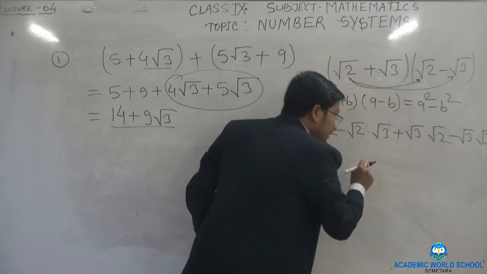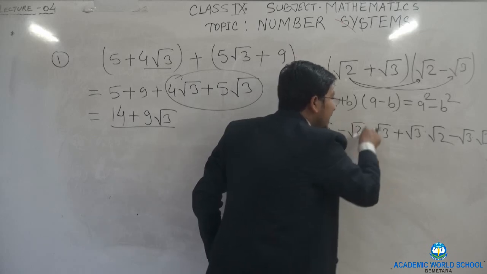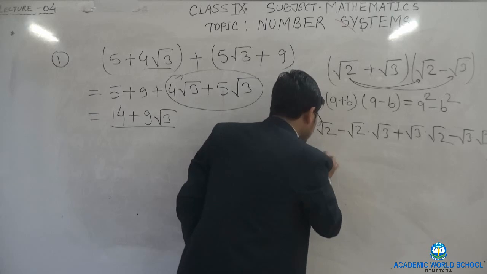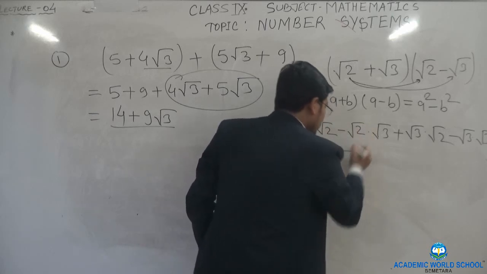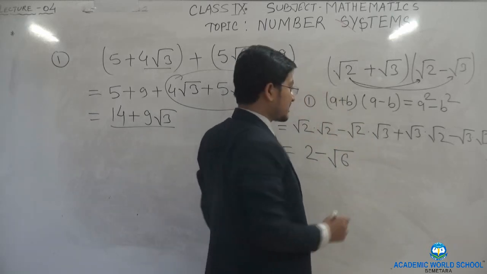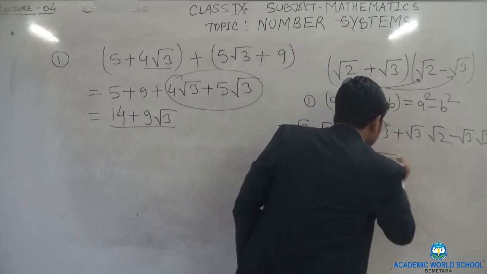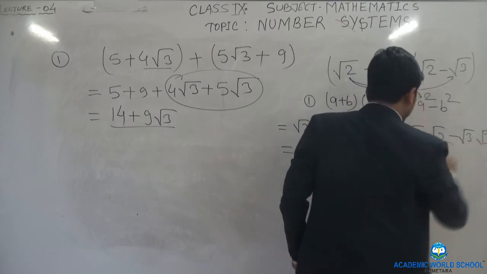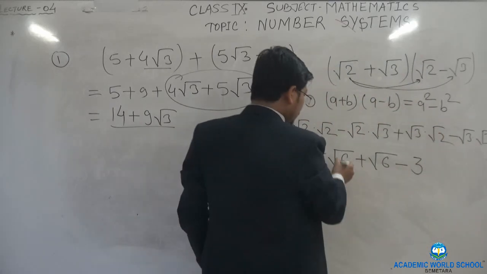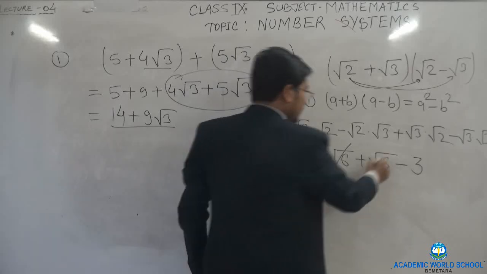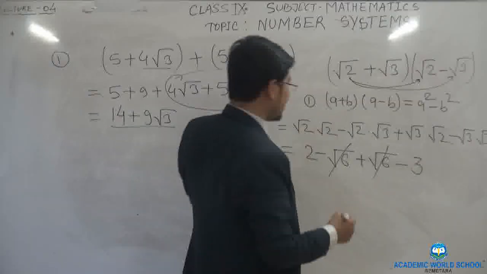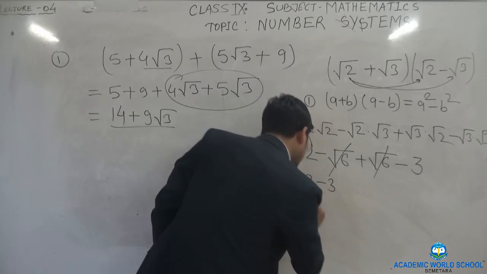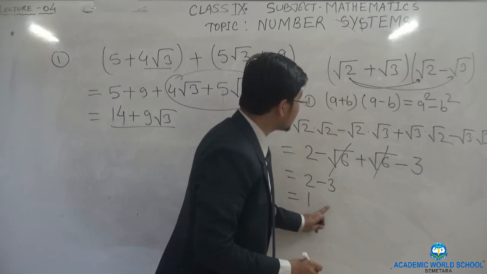Numbers are different, but they are inside the root, so if you solve this, they will come together. So this will be root over 6. Now plus root 6 and minus root 3 into root 3 is 3. So minus root 6 plus root 6 will be cancelled out, and 2 minus 3 is equal to 1.